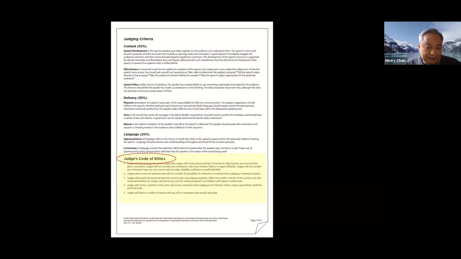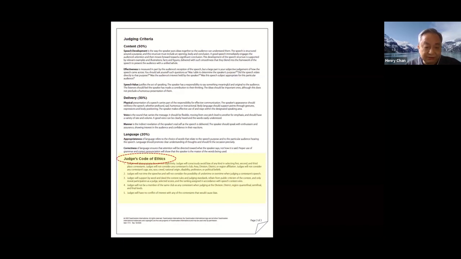I think with the contest rules, the judge code of ethics mainly consists of five points, and I'll mention the first one. Judges will demonstrate the utmost objectivity. Judges will consciously avoid bias of any kind in selecting first, second, and third place contestants.